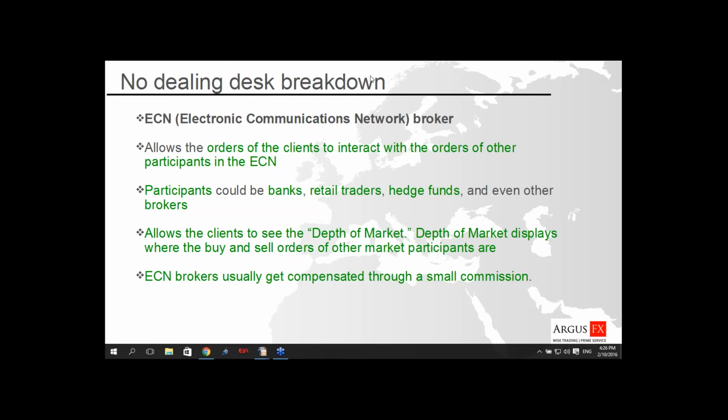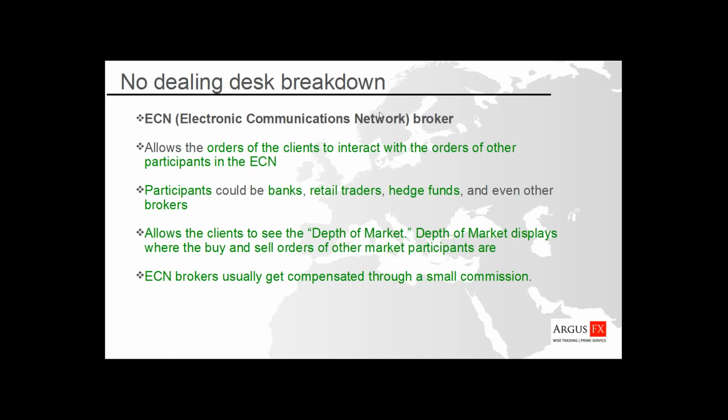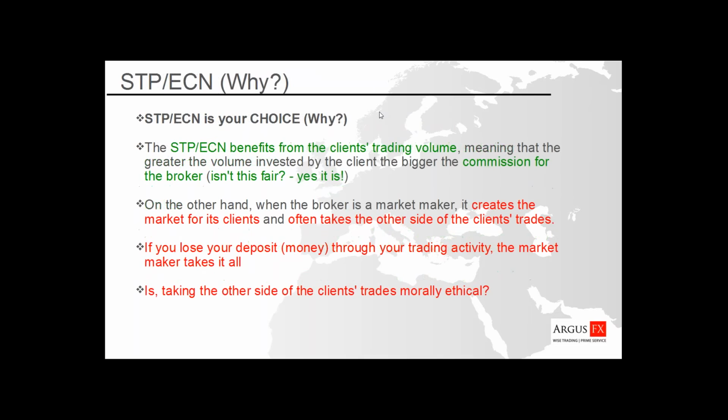Let's move on to the most spicy part. This is just to identify the major areas why an STP ECN broker has a major advantage when it comes to fairness over a market maker.